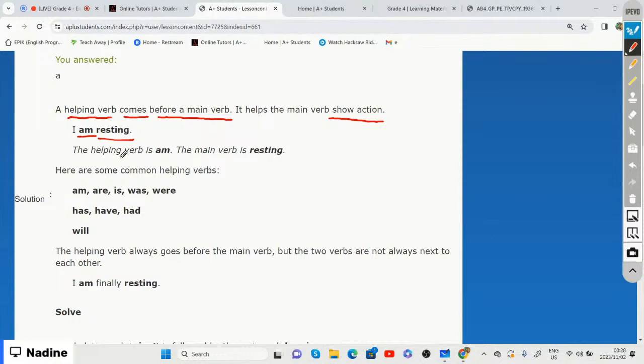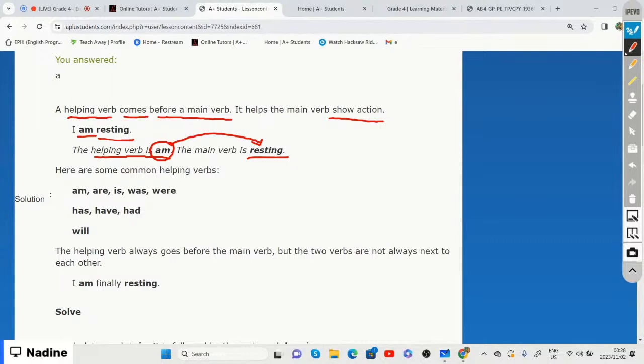So the helping verb is am, and the main verb is resting. So this word am helps the main verb resting to show the specific action that is taking place.